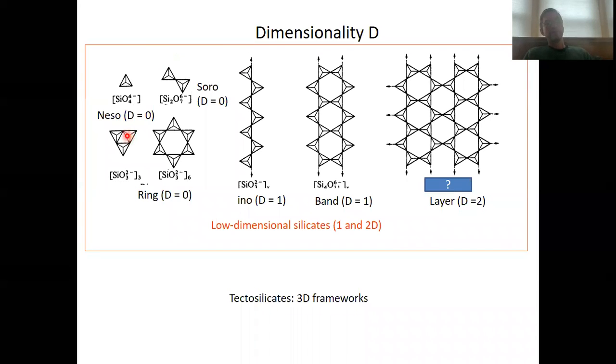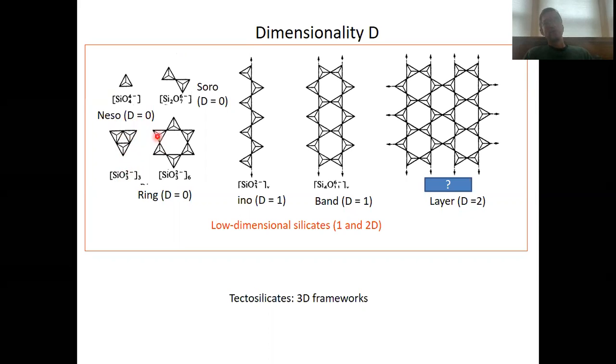So per tetrahedron, you therefore have SiO2, plus another O, because these 2 O's are being shared. That gives overall SiO3, and we have a 2 minus charge because these 2 terminal oxygens carry a negative charge each.